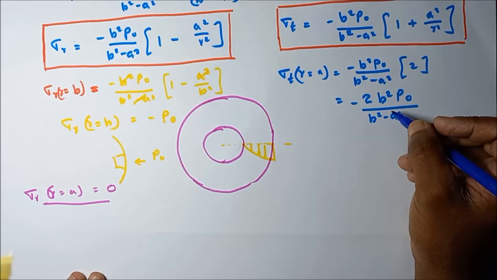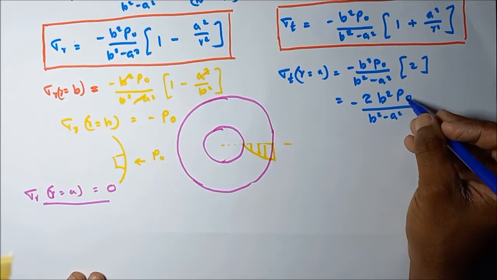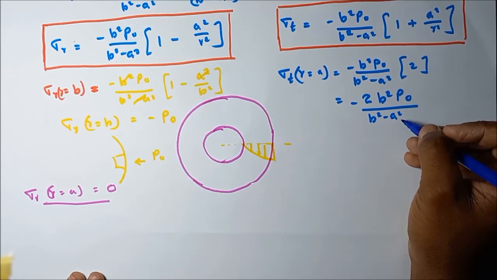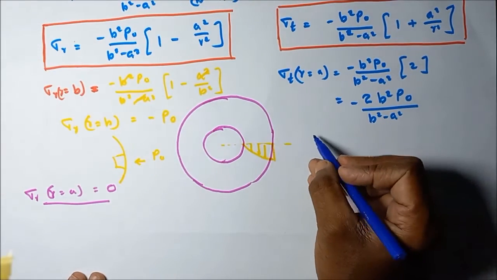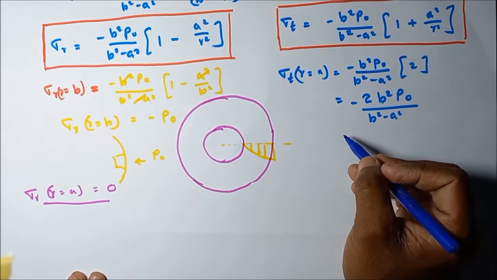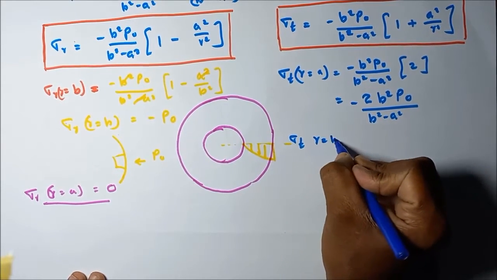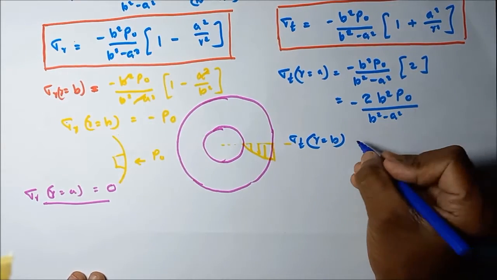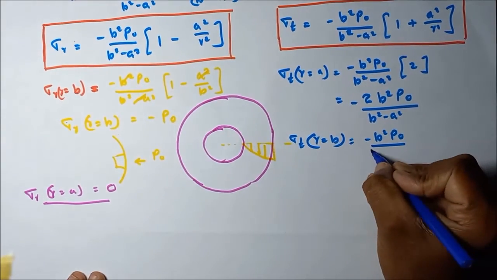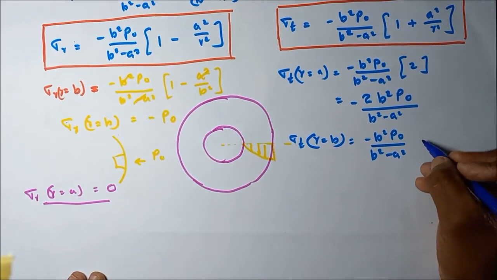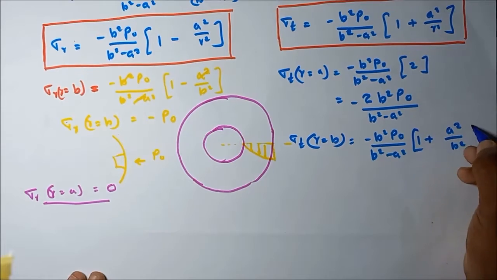In this situation also, the developed tangential stress at the inner surface is greater than the external pressure. It's a negative value. Then sigma t at r equal to b is minus b square p o divided by b square minus a square, times 1 plus a square divided by b square.